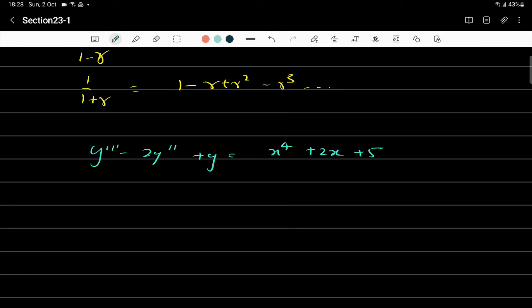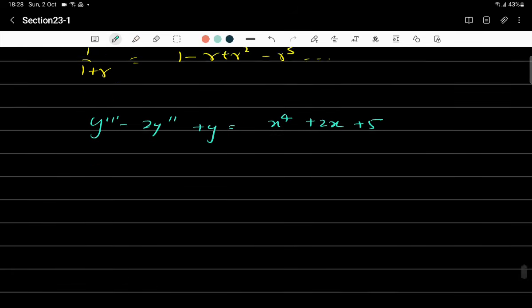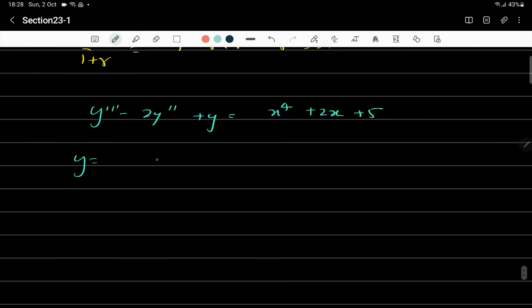So you have to compute the value of 5 constants, which is a tedious process. But if you see this technique, then here y would simply become 1 by (1 minus 2d square plus d cube) applied to x raised to the power 4 plus 2x plus 5.